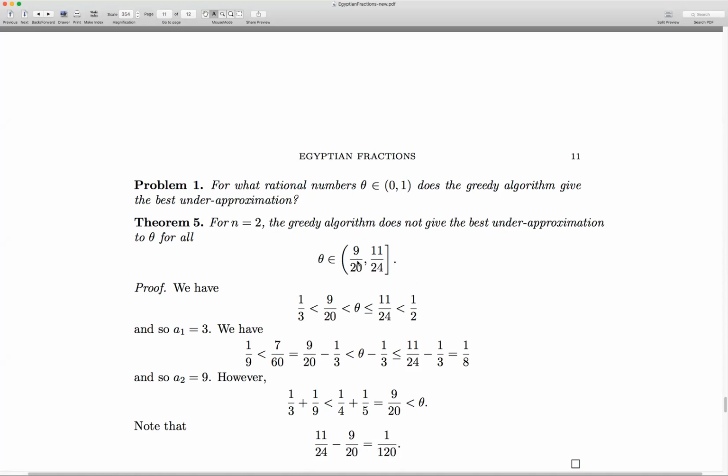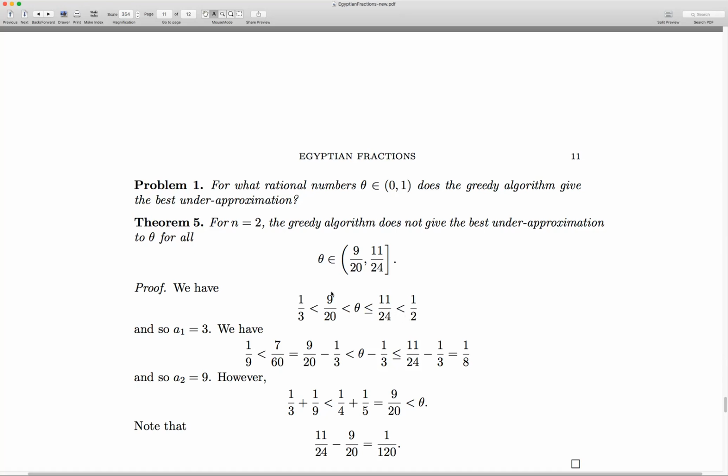So there are a lot of numbers in that interval. If you take any number theta in this interval, rational or irrational, it doesn't matter, we can make the following observation. First of all, a third is less than 9/20, which is less than theta, which is less than or equal to 11/24, which is less than a half.